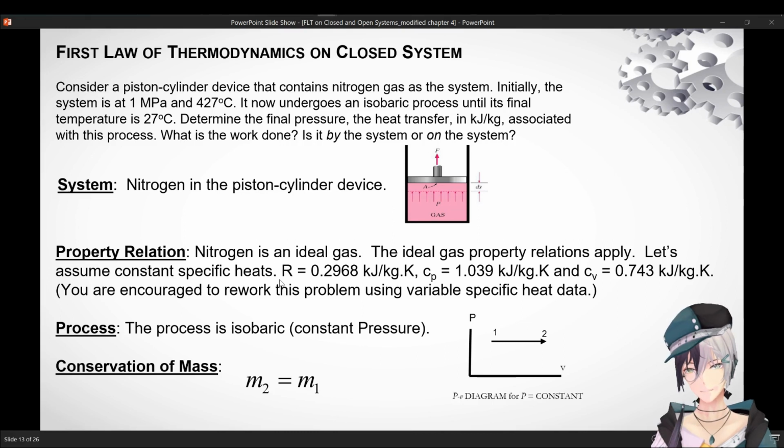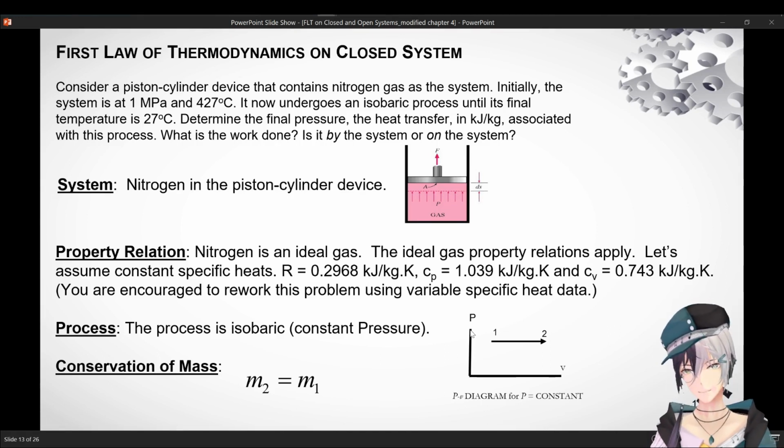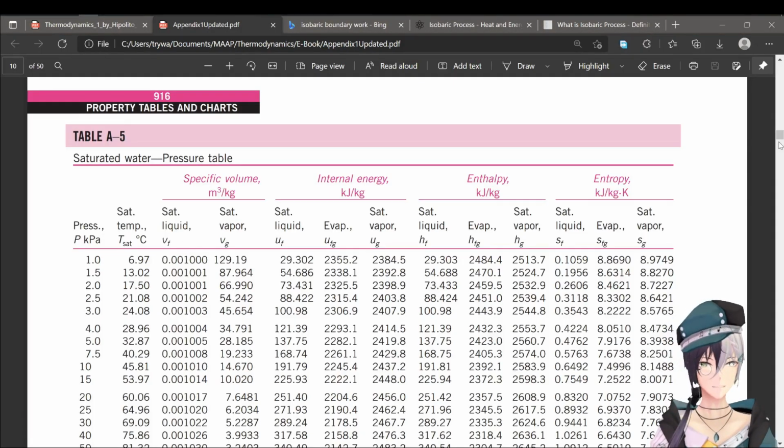We are given R as 0.2968 kilojoule per kilogram Kelvin. You can find this in your table. I gave you the table last time, so you have your table, and you should look for nitrogen. Look for R. So where is that table?